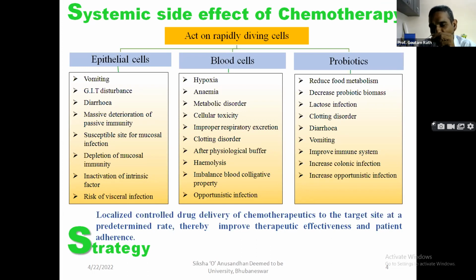The dose of the drug. These are the pharmaceutical challenges. And after that, there are other challenges: how we can confine, how we can restrict the localization. So there are a number of challenges with anti-cancer drugs.